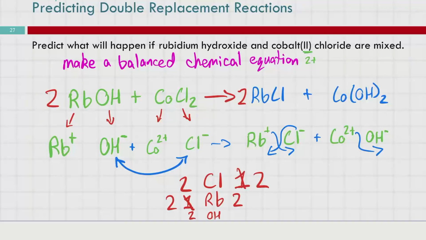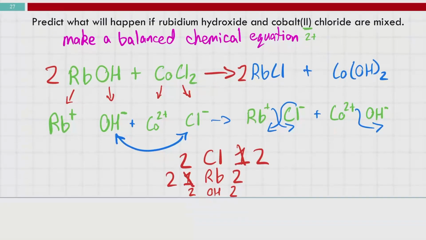OH, we've got 2 on the left, and look at that, we've got 2 on the right. So we are balanced. And then to check, we'll look at our last thing, which is our cobalt. 1 cobalt on the left, 1 cobalt on the right. All squared up, all balanced. Ship it.